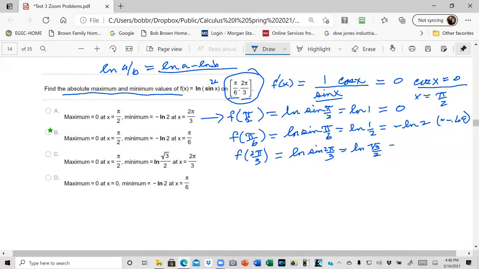And that's approximately equal to minus 0.14. So now looking at all these numbers, 0 is the absolute max, and the absolute minimum is minus 0.69 occurring at pi over 6. So the minimum at pi over 6 and the maximum 0 at x equal pi over 2.